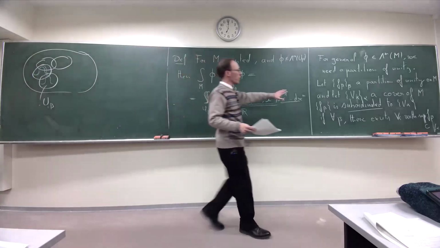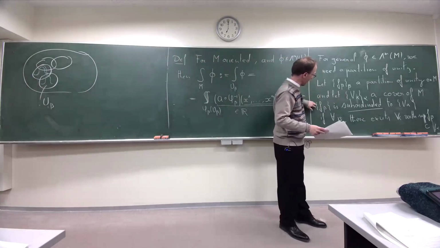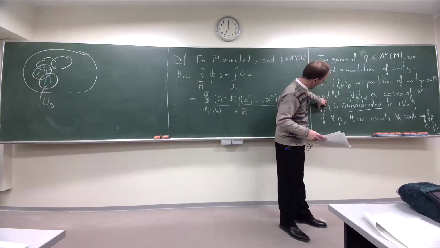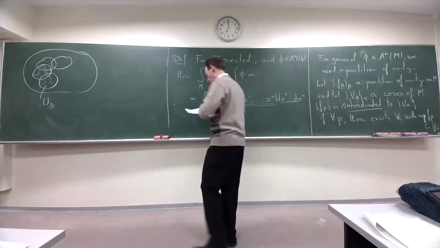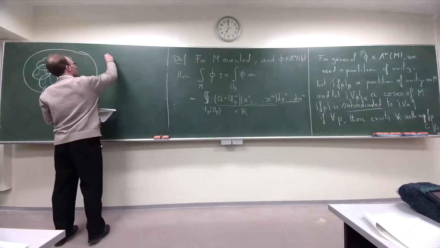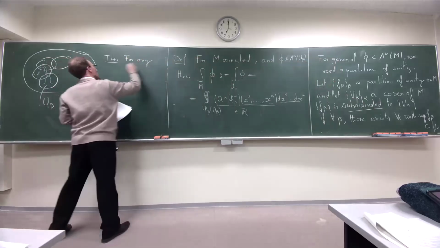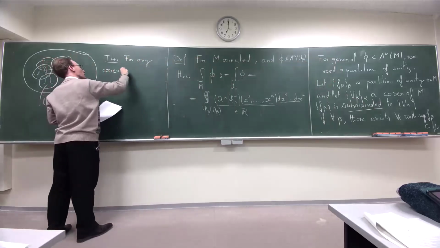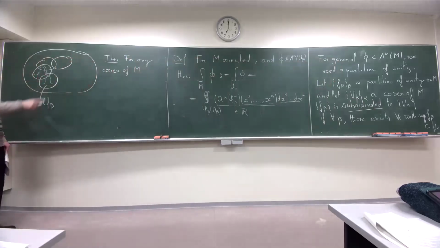So the notion of subordinated: you have a covering of your space, a family of functions summing up to 1. You want the place where each of them is non-zero to be in one element of your cover. You can wonder, does it exist? And of course, it exists. Theorem: for any cover of M, I need to say a little bit more, because if I just say cover, it could be very nasty sets.